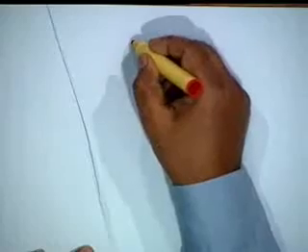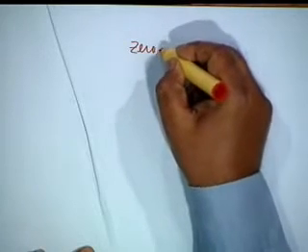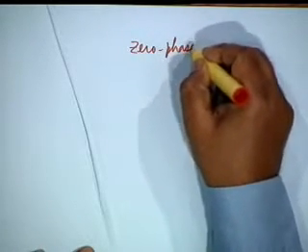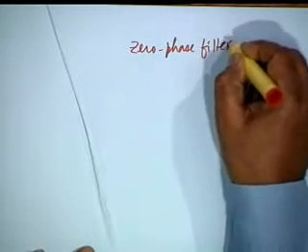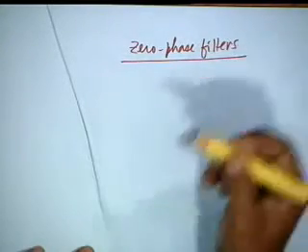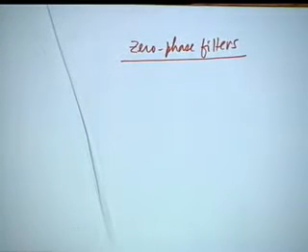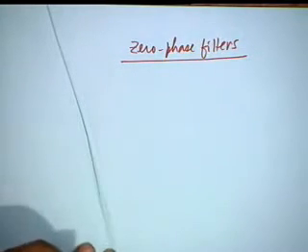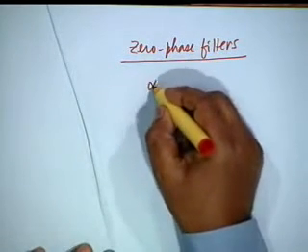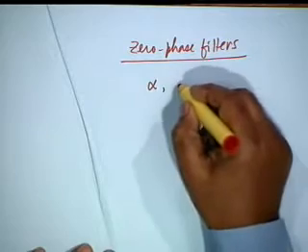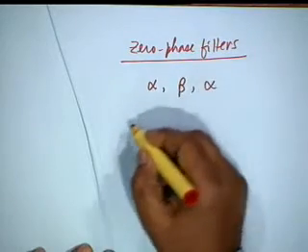We next talk of zero phase filters. Zero phase filters, that is the frequency response shall be a real function. Okay. One of the examples, well, zero phase filter obviously you require an FIR. Okay. One of the examples that we did once upon a time was alpha beta alpha.